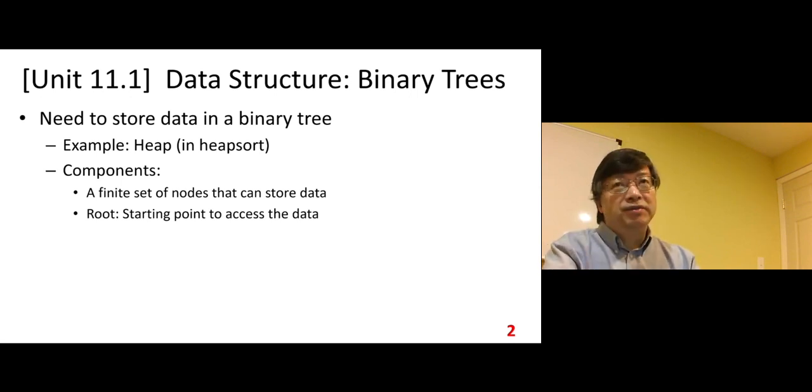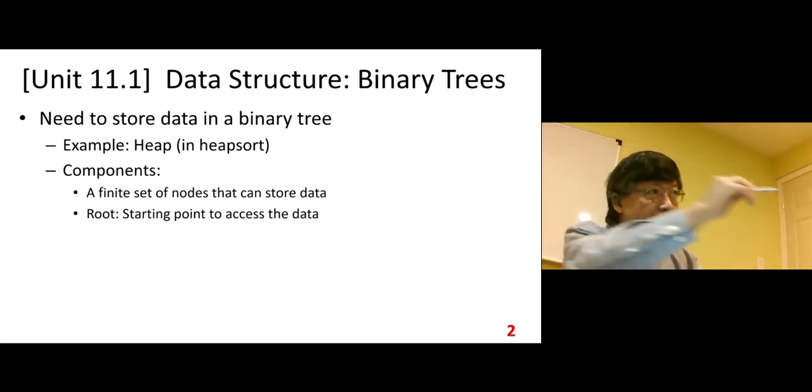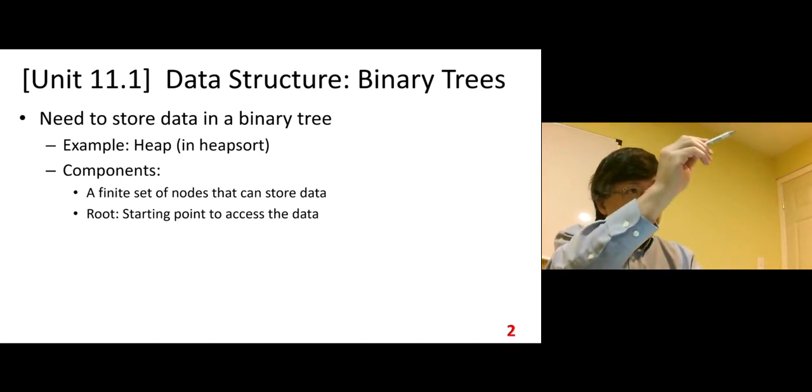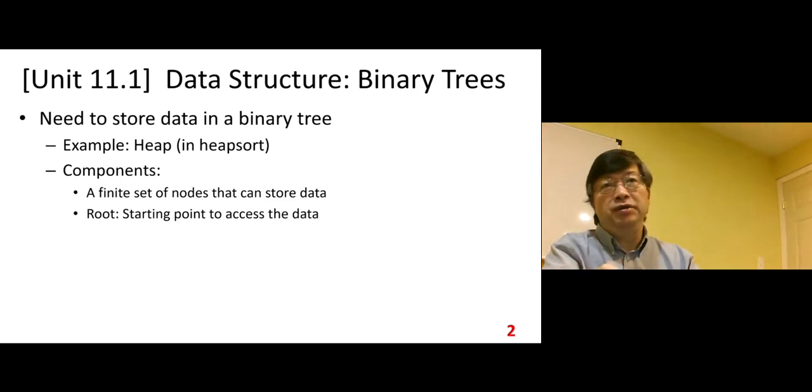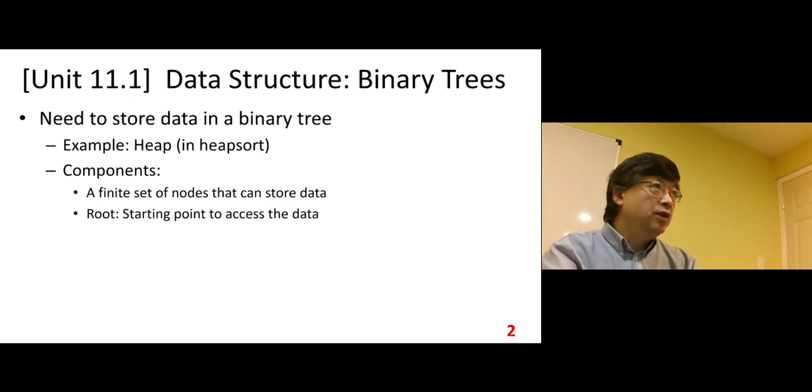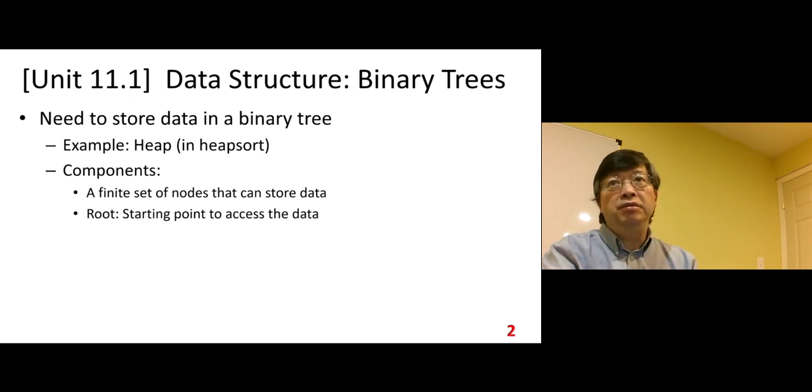Where do you start? You cannot start anywhere other places. You can only start from that root node. For other places, how do we access? How do we access a node other than the root node directly? That's why we need to always start from the root.